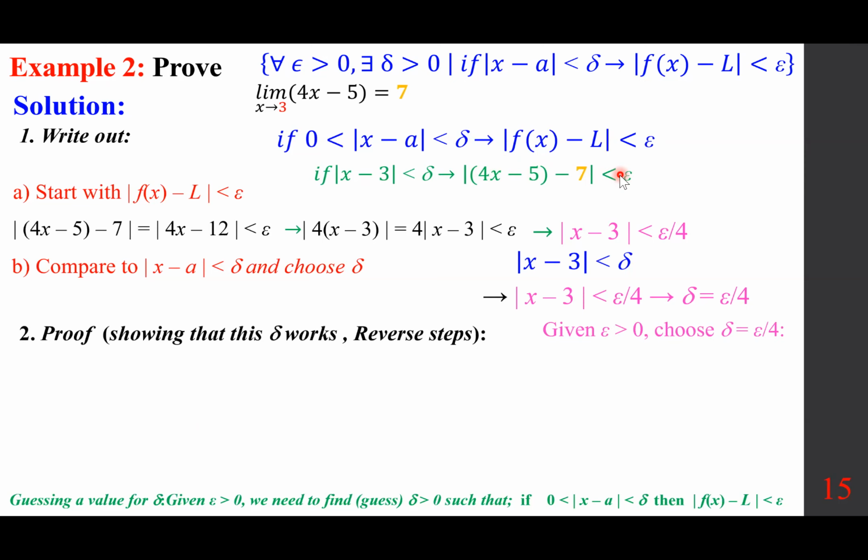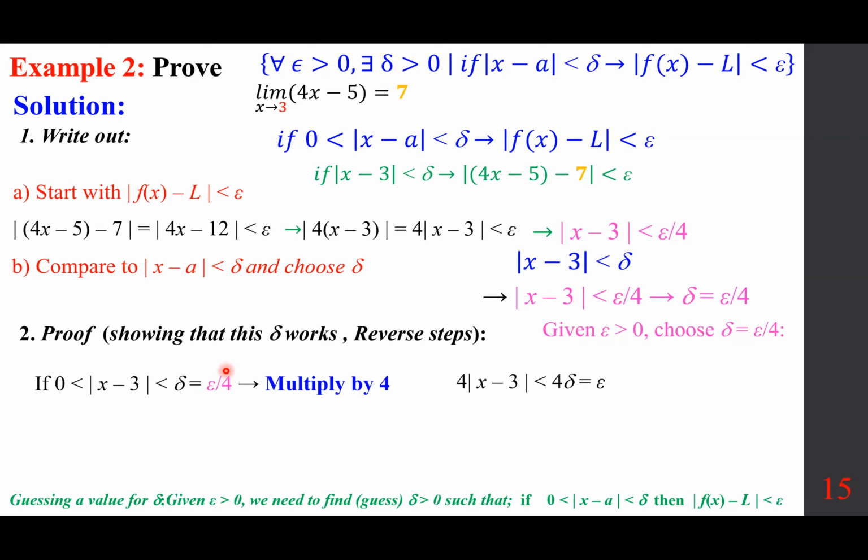Proof showing that this delta works, reverse steps. We start with this. And since we have chosen delta to be epsilon over 4, let's multiply both sides by 4. And this becomes epsilon. We're multiplying by 4.